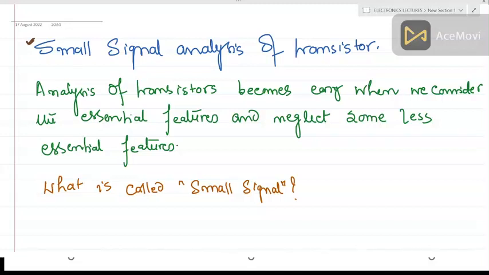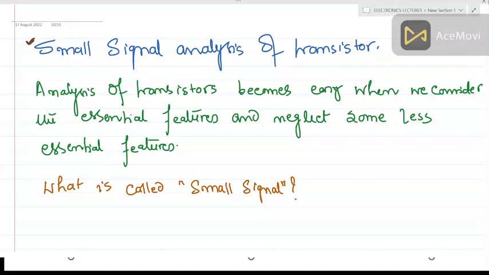And this is the fundamental thing, this is the portion of amplifier circuits which you should understand to further have a clear concept of amplification process, different types of amplifiers and all the technical details. So whenever we are analyzing the transistors for amplification purpose, it is better to consider the essential features and neglect those features which are less important.